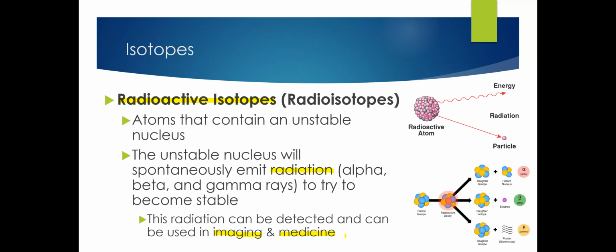We can use it to sterilize things. But we use radiation in various imaging techniques to help us see body tissues and body organs, to kind of diagnose different conditions. And so even though radiation in general is bad, in very small amounts we can use them in beneficial ways in science.